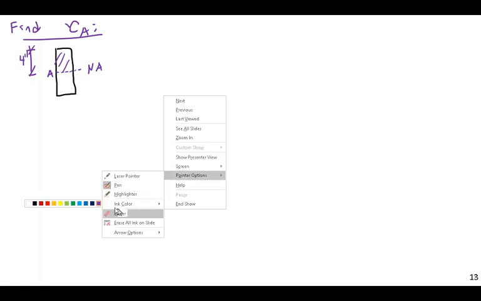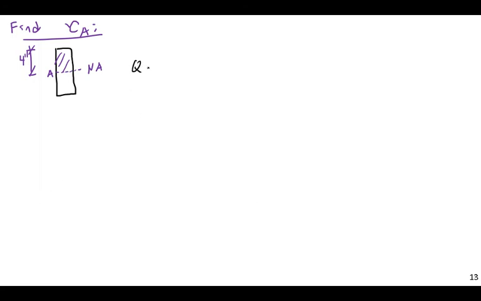So then QA is going to be 2 inches times 4 inches by 3 inches. Again, the y bar is the distance from the neutral axis to the centroid of the piece. 4 inches times 3 inches equals 24 inches to the third.